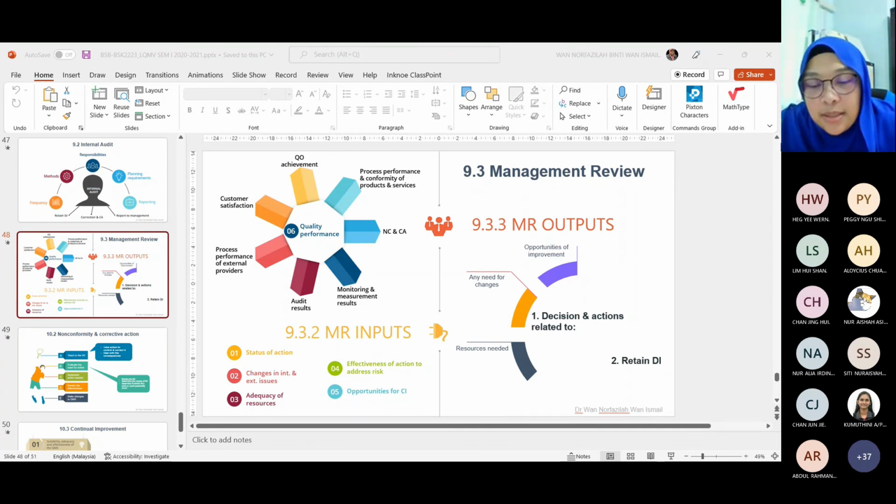Yang ni management kena identify siapa yang perlu hadir. Sama juga dekat fees, kita ada macam-macam mesyuarat, tapi setiap mesyuarat tu kita dah identify siapa yang perlu hadir. So the attendance is very important. If you absent 3 times from the management review meeting, then it is a non-conformity. So attendance is one of the written documented information. Okay, so any question before we proceed?